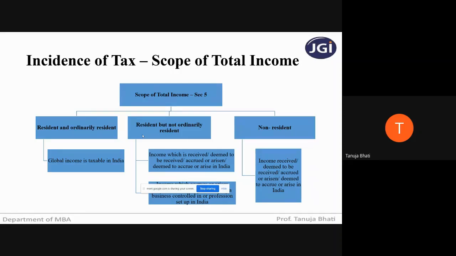Suppose an individual comes in front of you, how do you understand whether he is a resident or a non-resident? There are certain parameters. In the succeeding slides, we will see those parameters which will help us determine the residential status of an individual. Is this clear, students, up to here?